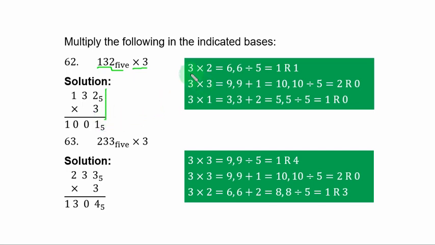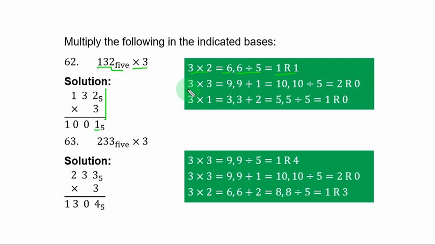You start from right to left, where you have 3 times 2. 3 times 2 is equal to 6. Because you are working in base 5, you cannot write 6 down. So you divide 6 by the base 5 and you have 1 remainder 1. You write down the remainder 1 and carry 1 forward to the next place of multiplication.